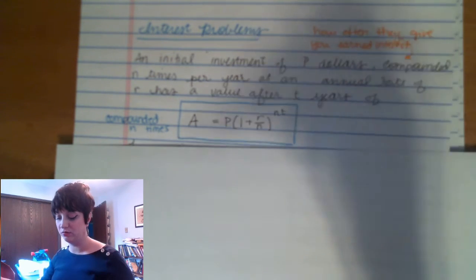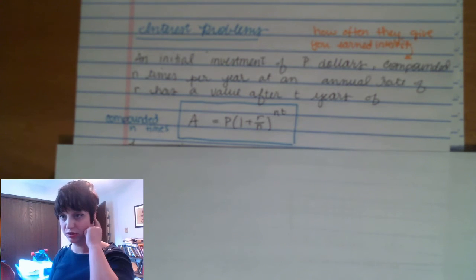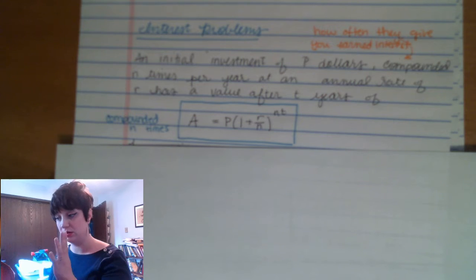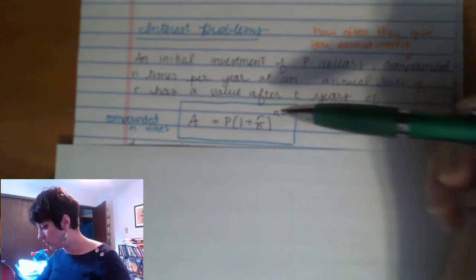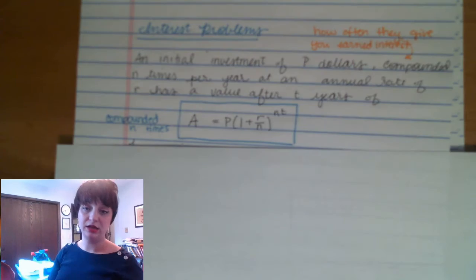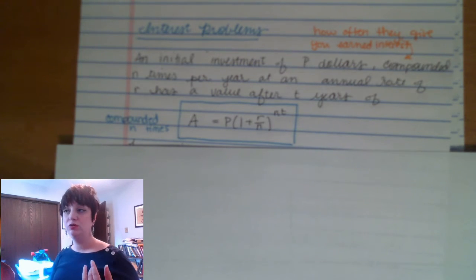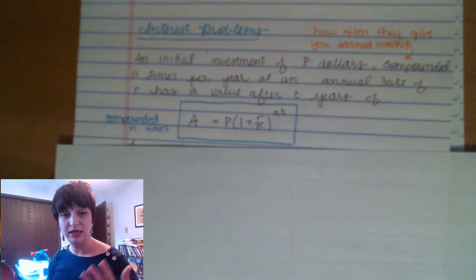So instead of a rate of 2%, you have a rate of 2 over 12% because every month they start over. What this does is it marginally increases the amount of money that you gain. So we could do it quarterly, which would be 4 times a year, monthly, weekly, biannually, daily, etc.